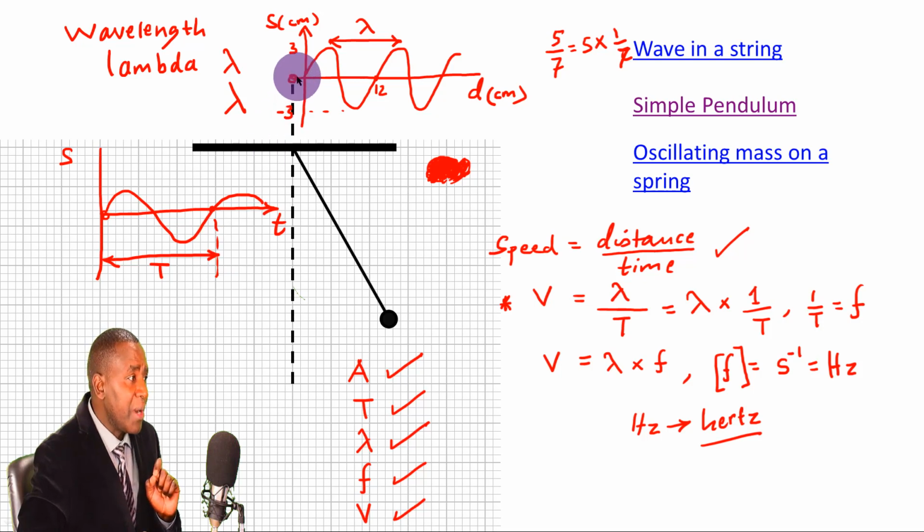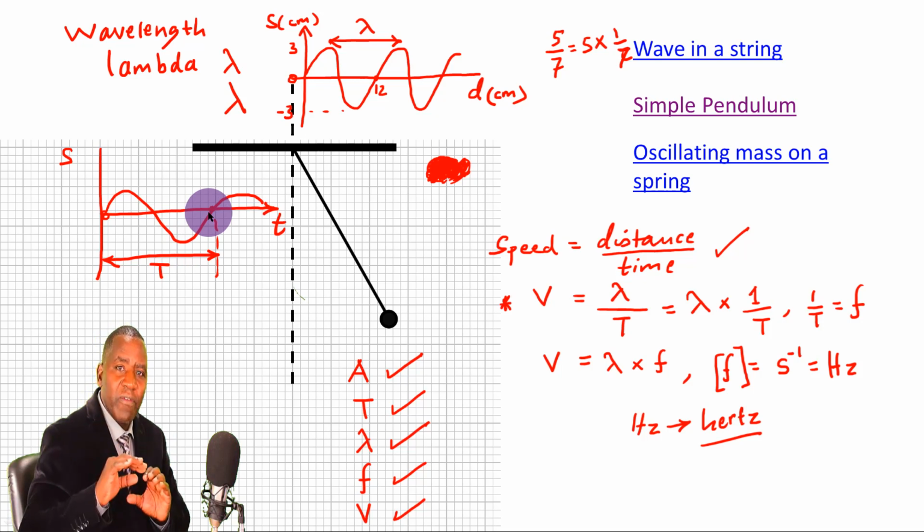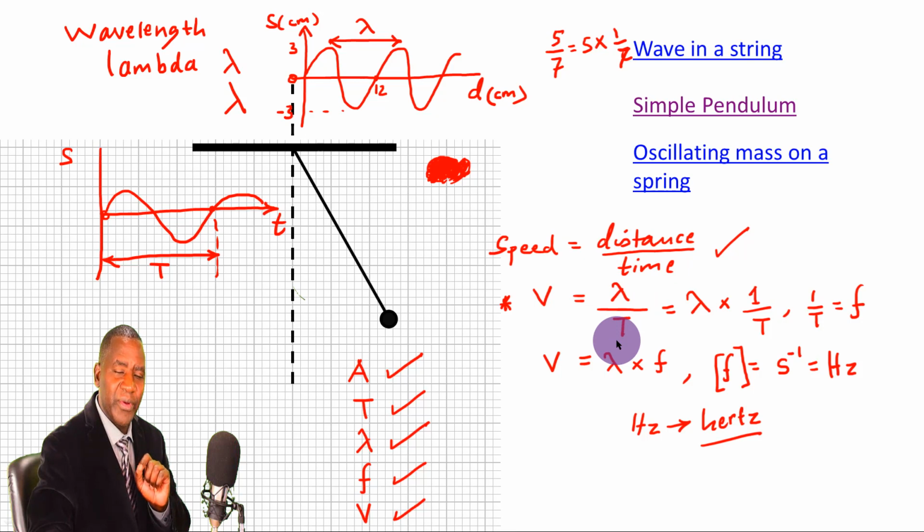So we are talking about a complete oscillation. So why don't we calculate the speed of the wave when we use the physical quantities obtained for a complete oscillation? What are they? The distance covered, because we require the distance covered in a complete oscillation, is wavelength. The time taken is periodic time.